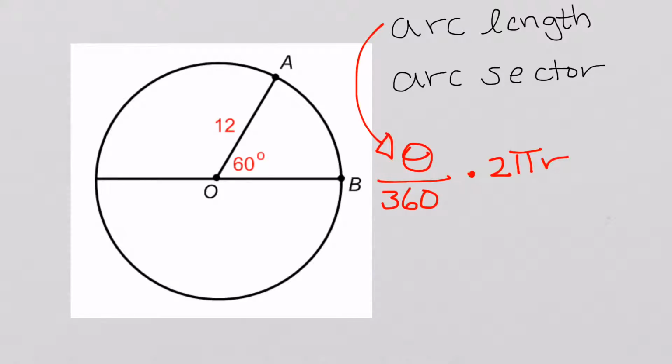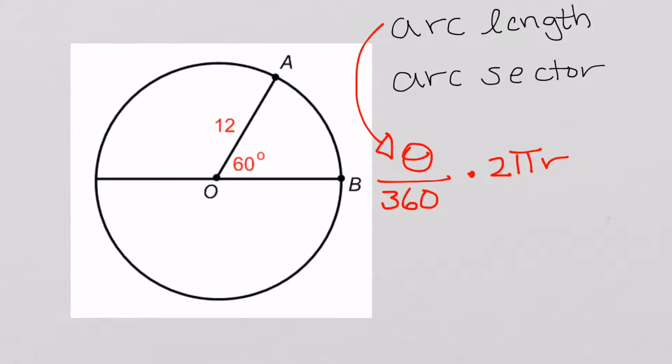The reason this works is because this angle tells us what piece of the entire circle we're talking about, which arc we're identifying, and 2 pi r tells us how long it is. So if we multiply these together, we can find the arc length, which is the distance between 2 points on the outside of the circle.